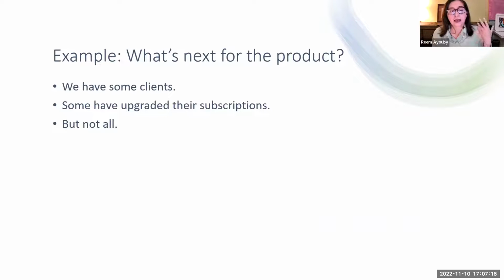So if we have some clients already, we have a product already, so we're not starting from scratch here. We've already done the qualitative research, the interviews, or other qualitative methods to decide what features we want to implement, what functionality the software is going to be used for, and we've started implementing it.